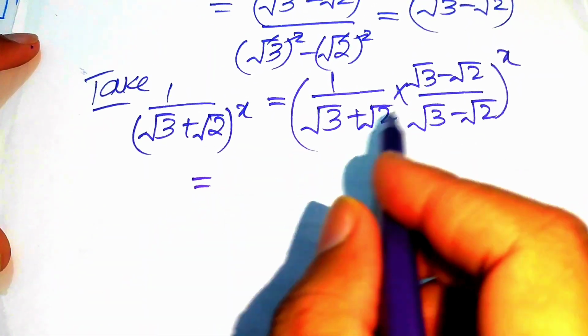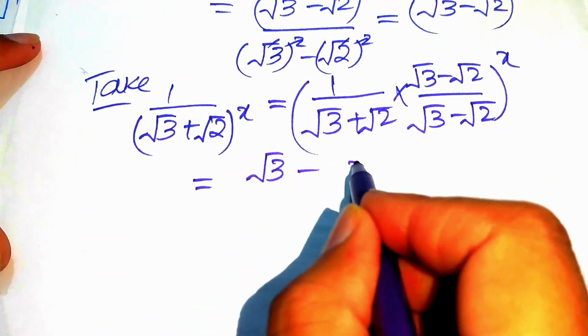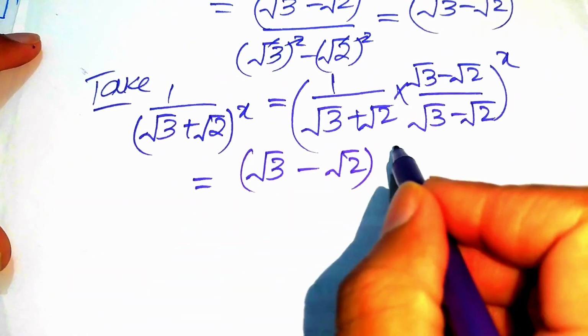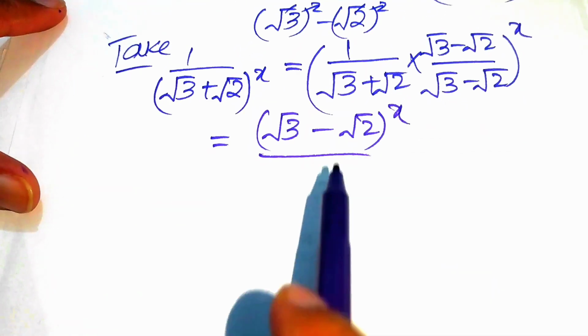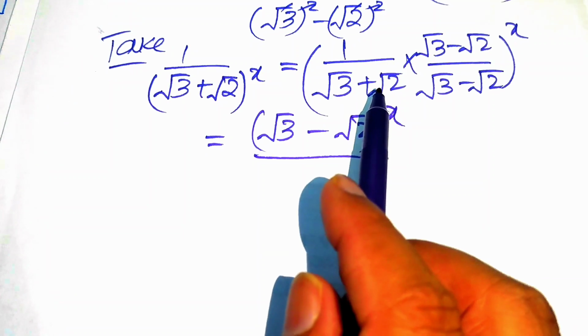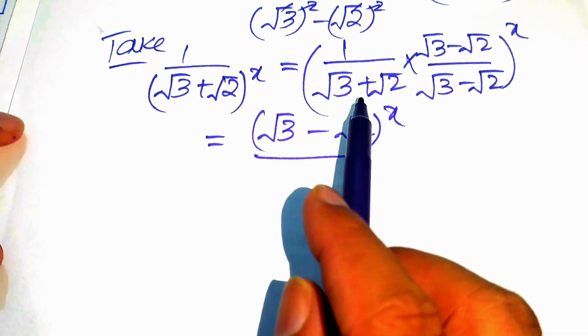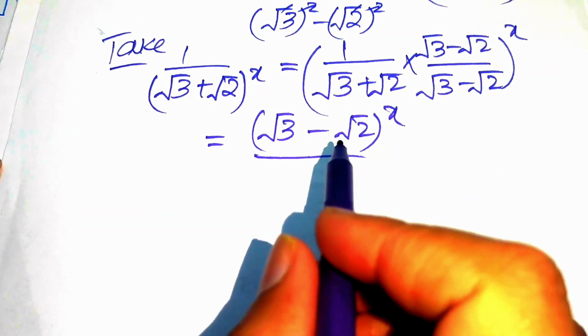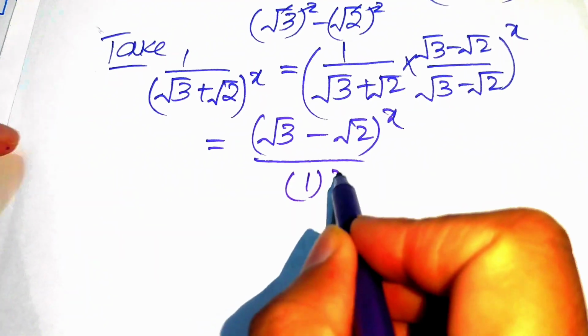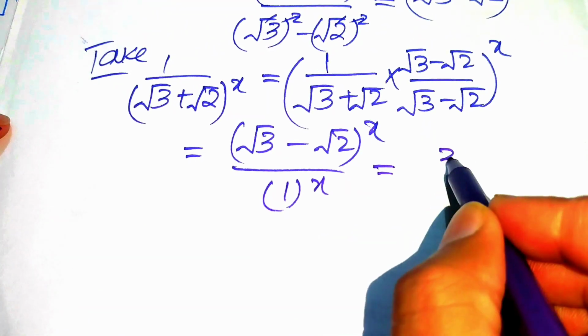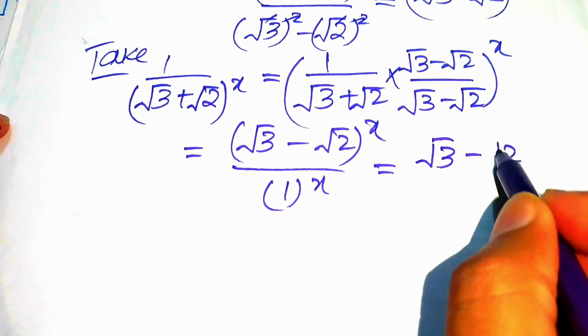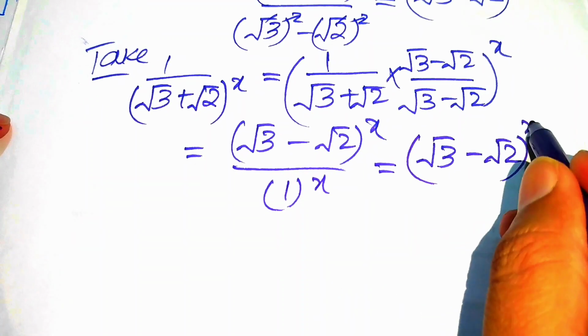When you use the formula on the denominator, you get 1 to the power of x. So we get (√3 − √2)^x.